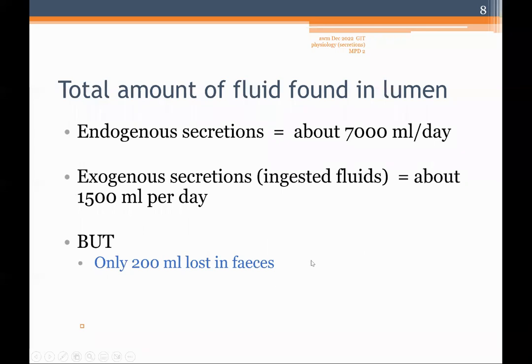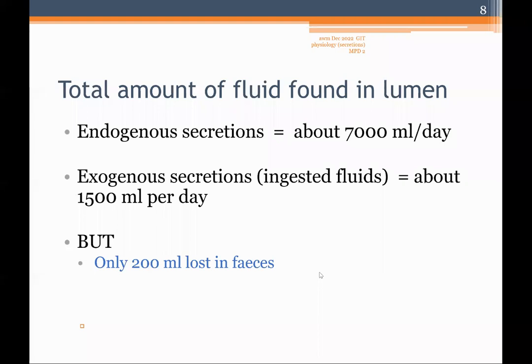So how much fluid will end up in the lumen of the gut? People have measured this a long time ago, and they talk about two types of secretions: endogenous and exogenous. Endogenous are those secretions that come, for example, from the saliva in the mouth, and from the glands lining the esophagus, the stomach, and the small intestine. All that is what we're calling endogenous secretions. That totals about 7 liters in a day.